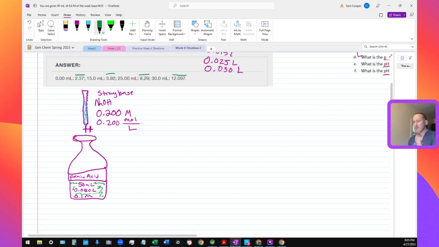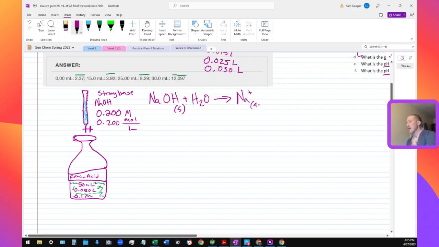Really quickly, it would always bear mention to talk about how these two substances will dissociate. So sodium hydroxide, once it's in water or any sort of solution, let's say you had a solid sodium hydroxide salt, of course it's going to dissociate into aqueous sodium cation and aqueous hydroxide anion.